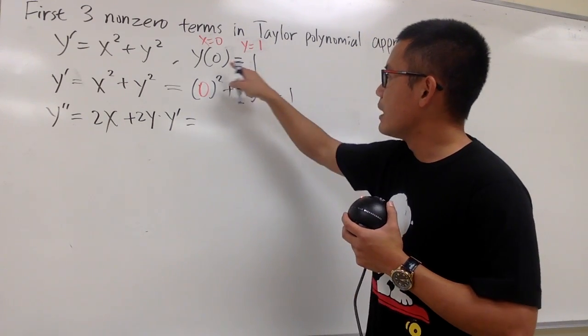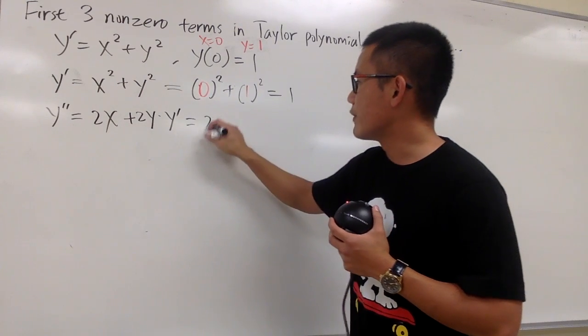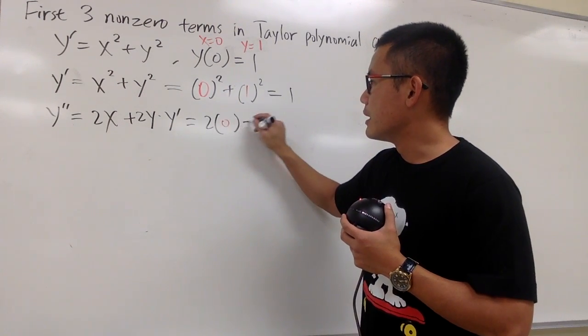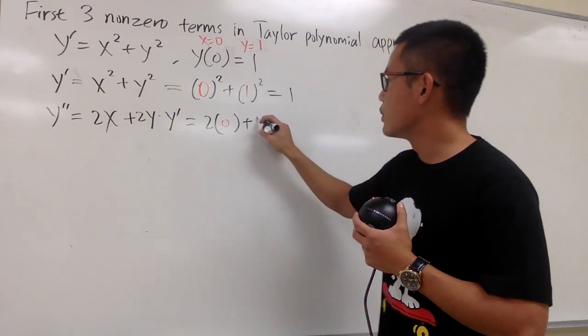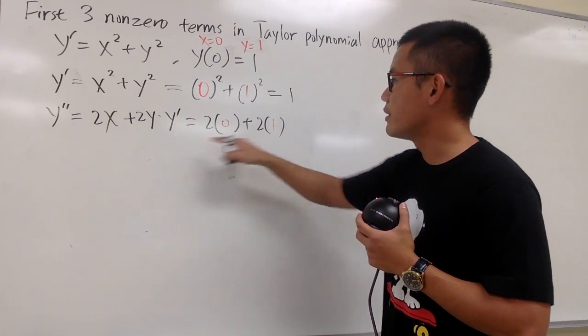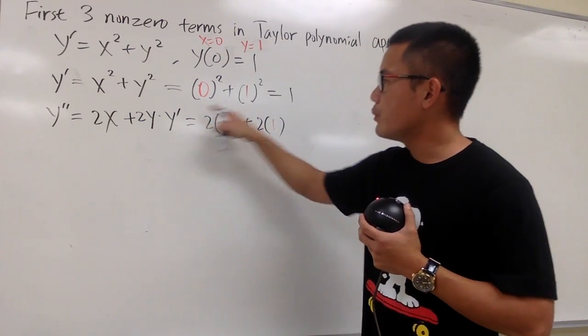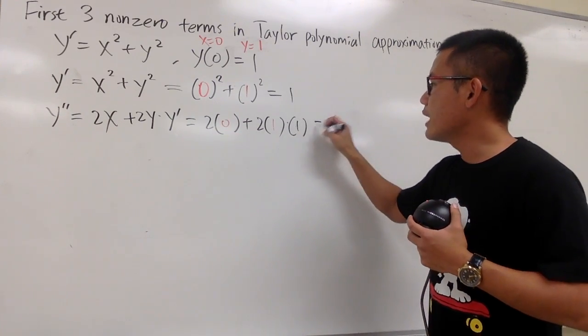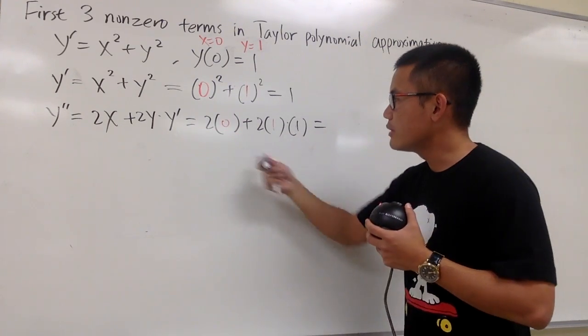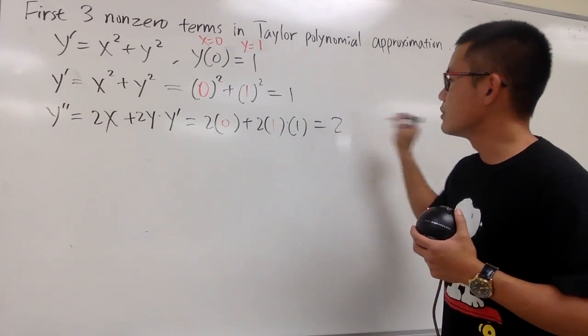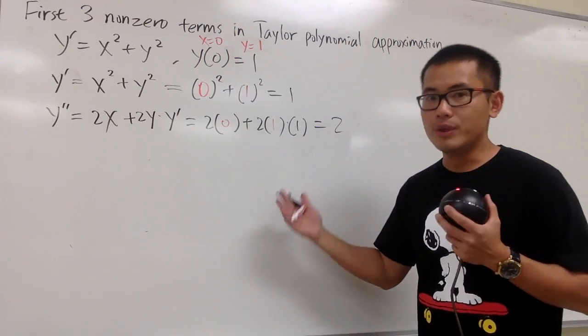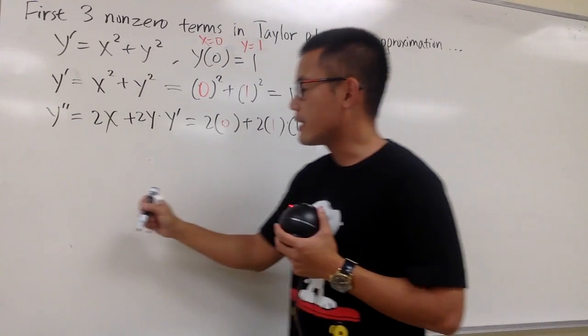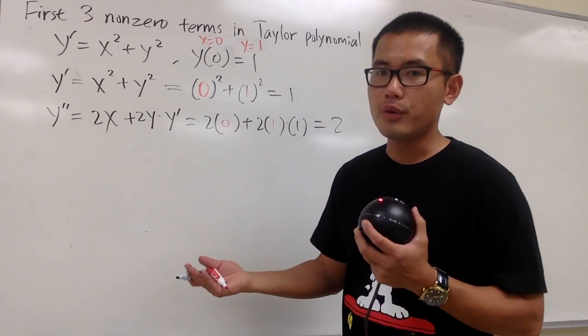And now we plug in 0 into x, so we have 2 times 0, plus we plug in 1 into y, so that's 2 times 1 right here. But for y prime, we plug in this 1, so multiply by 1 like that. Work this out. This is 0, this is 2, right? So just 2. And this is all we need, because now I can write down the Taylor polynomial for you.